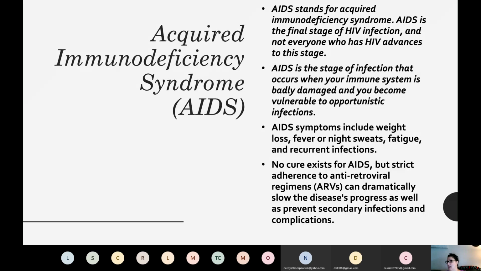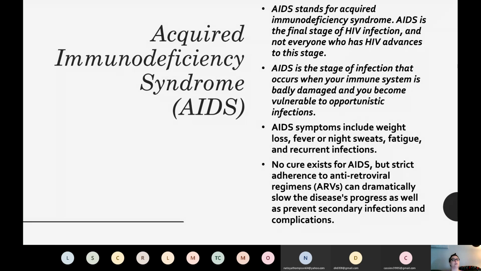Now, AIDS itself is a position, and in the very beginning we just didn't know enough. In the very beginning, we just thought it was all one thing, right? And they just said AIDS, AIDS.